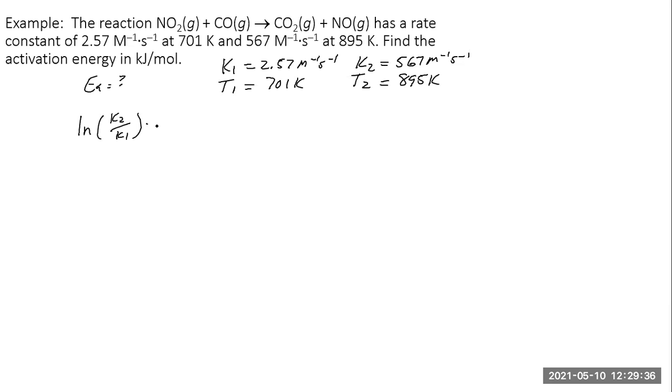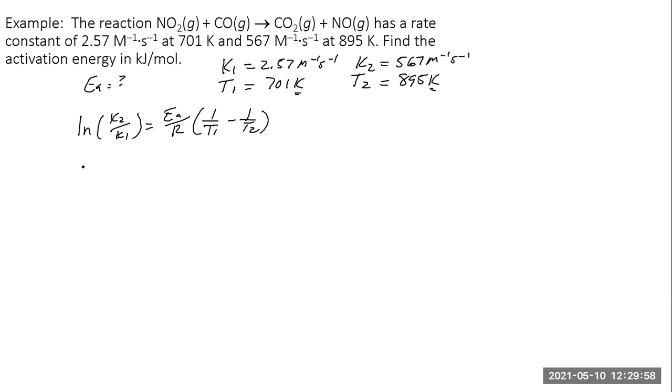K2 over K1 is equal to E of A over R, times 1 over T1 minus 1 over T2. In this particular case, we were good. Like I mentioned earlier, we are both in the same units, so we don't have to do any type of conversion. It's already in Kelvin and the same units on both. So really, you just want to plug in here.